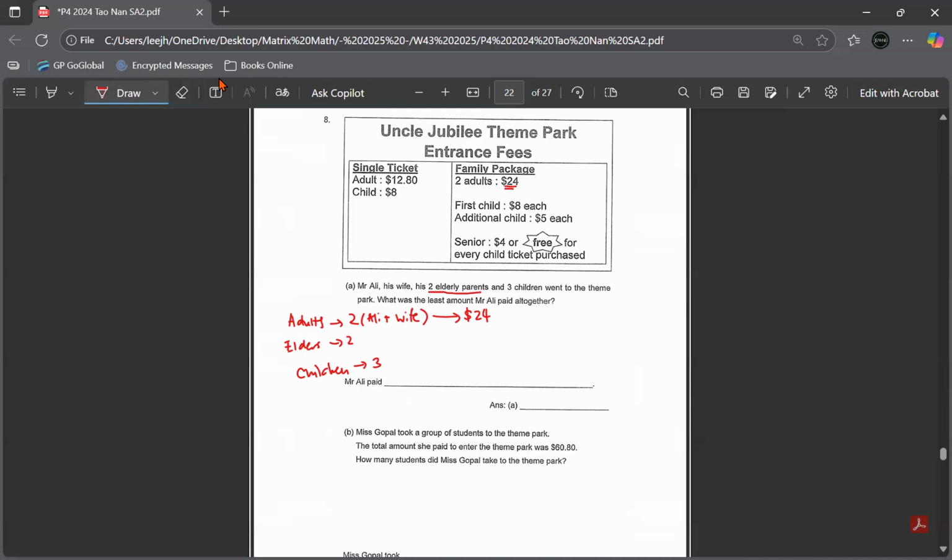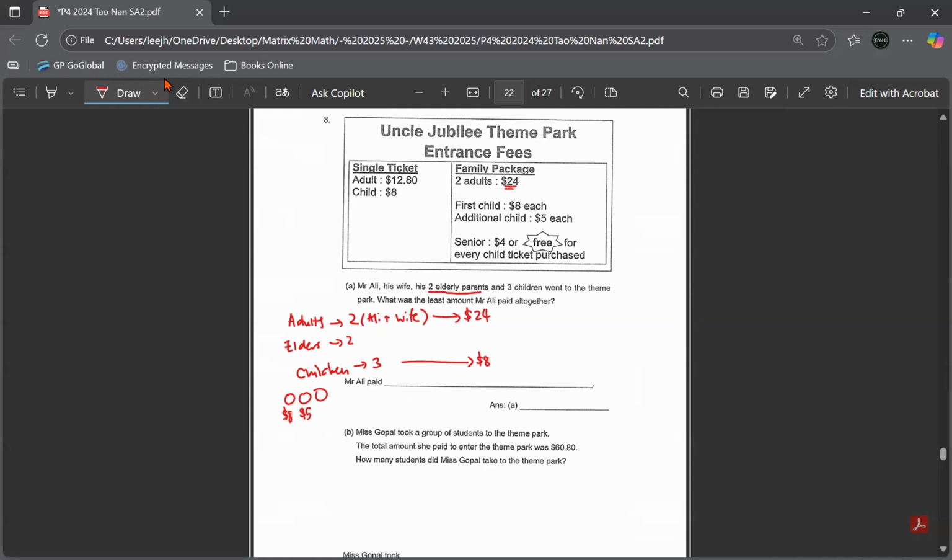So here got two. So that means, over here, for every child ticket purchase... No, no, no. I put the first child price first. So three children, so I put one, two, three. The first child is $8. But an additional child is $5.